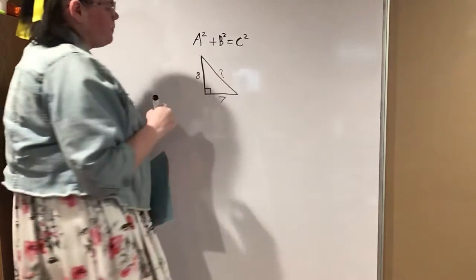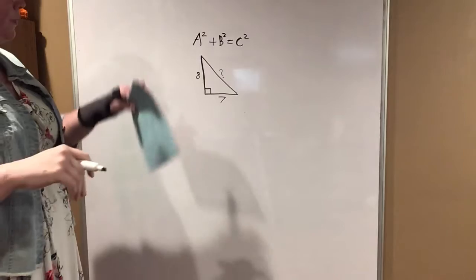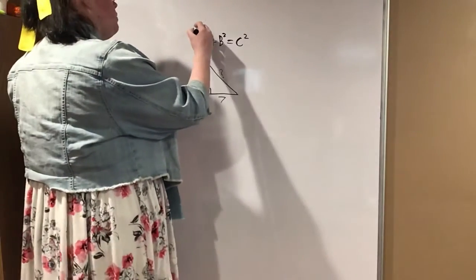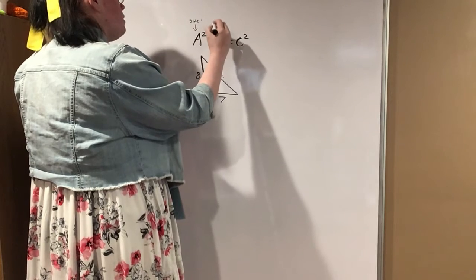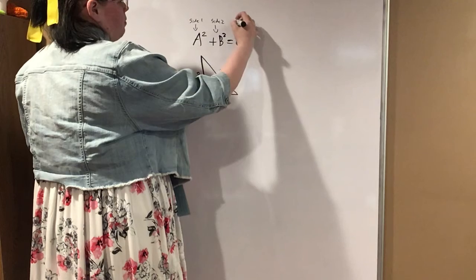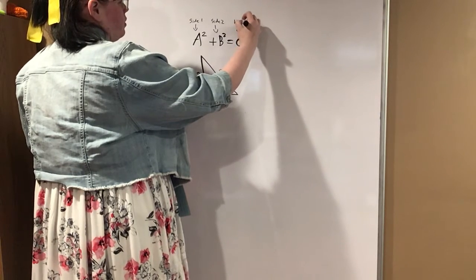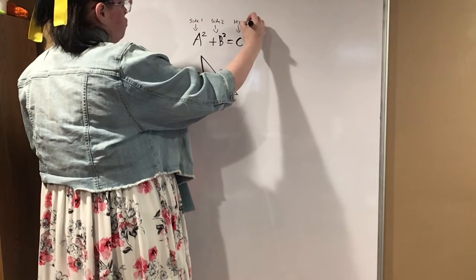I don't know what this is. So what we do is we're going to do the Pythagorean theorem. A is side 1. B is side 2. And C is the hypotenuse. I'm not going to spell this right, so don't make fun of me. Hypotenuse.